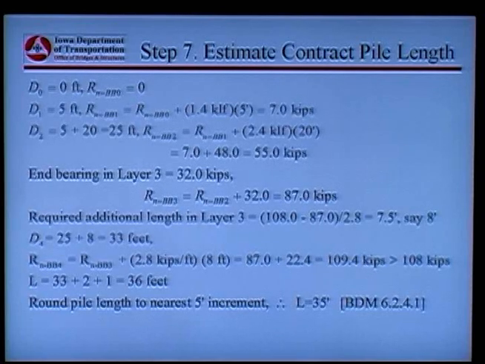In this arrangement, we could determine the penetration in layer 3 required so that we have a total resistance of 108. Are you following with this procedure up to this point? Okay. So let's say we need 8 feet, right? So 25 feet up to layer 2 plus an additional 8 feet into layer 3, and a total required depth of 33 feet. Questions?